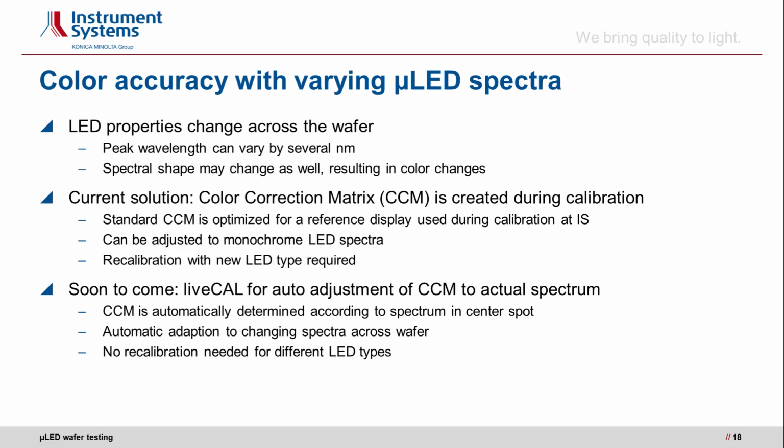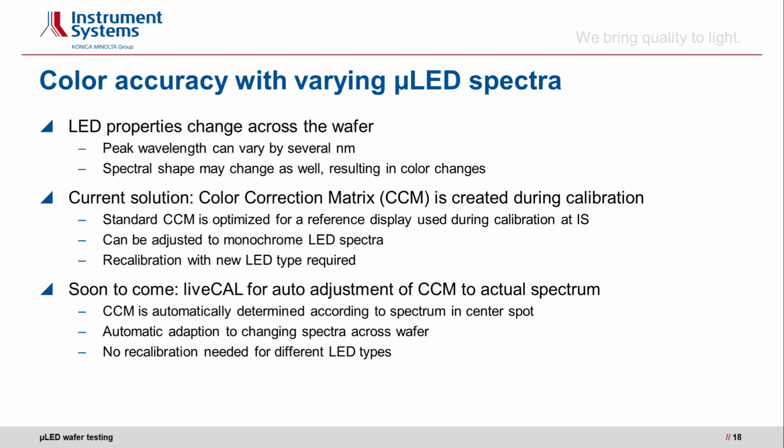The standard color correction matrix, the standard CCM, is optimized for a reference display, which is used during the calibration procedure at Instrument Systems. It can be adjusted to certain monochrome LED spectra, however, this requires a recalibration with each new LED type. However, I would like to announce here that we will soon have a feature called Live Cal, which will provide an auto adjustment of the color correction matrix to the actual spectrum.